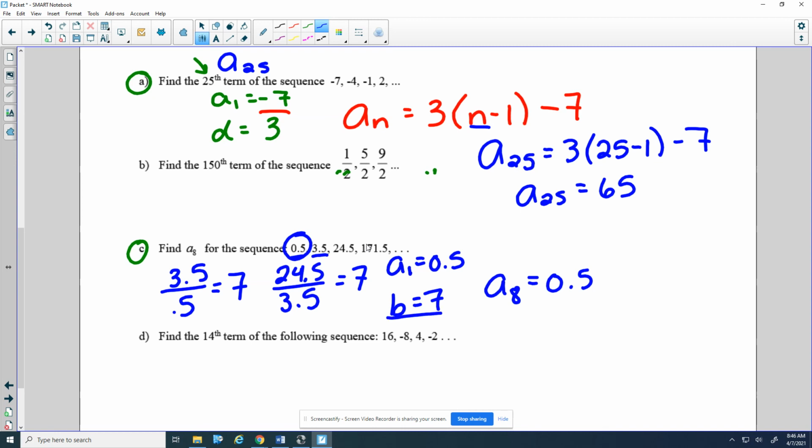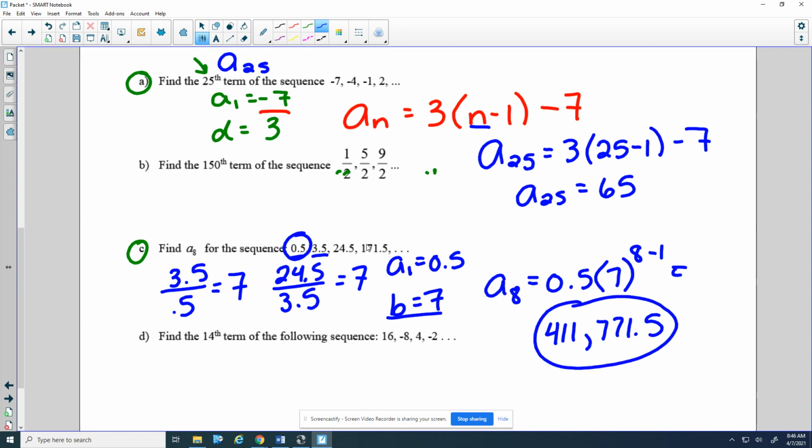My common ratio is 7, to the n minus 1, because we're plugging in an 8, is 8 minus 1. And if I type that in my calculator, I would get 411,771.5. And we know geometric sequences are really exponential functions, so that kind of crazy growth does not necessarily surprise me.